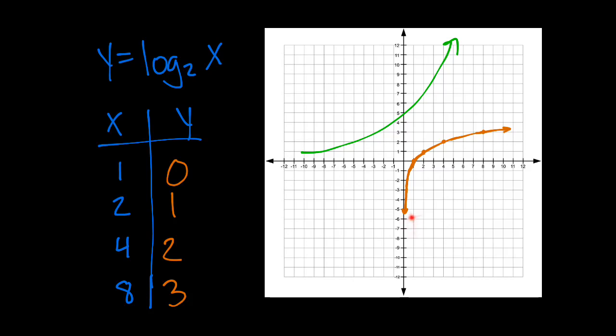So logarithmic growth starts out growing very quickly and slows down. Exponential growth grows very slowly at the start and then speeds up faster and faster. And then exponential decay is the one that sticks out on its own, because that's the only one that decreases. It decreases very quickly and then slows down.